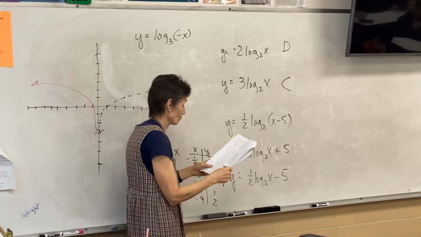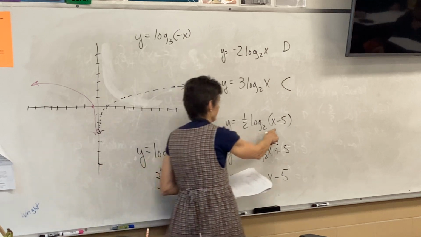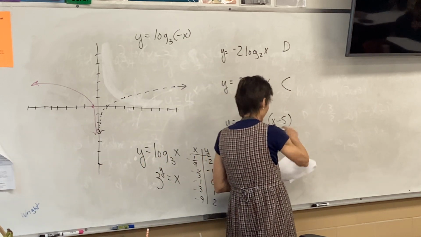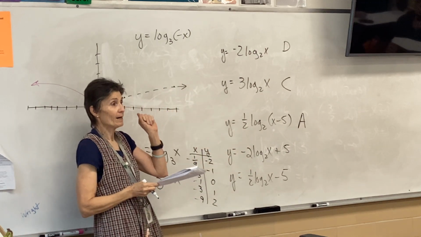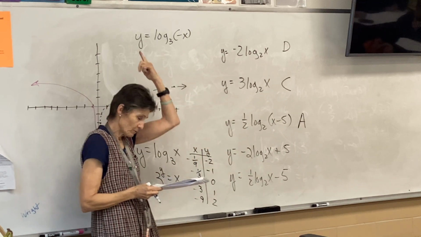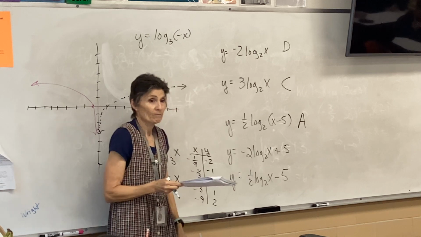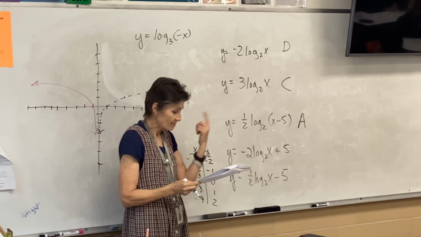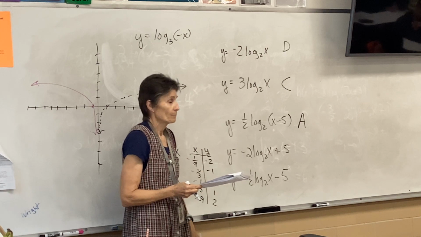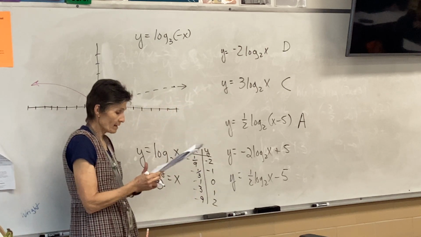For the third one, y equals 1/2 log 2x minus 5, I said A. And you think it's A as an apple because it moved to the right 5. Perfect. That's the only picture that moved to the right 5. Its asymptote moved. Perfect.